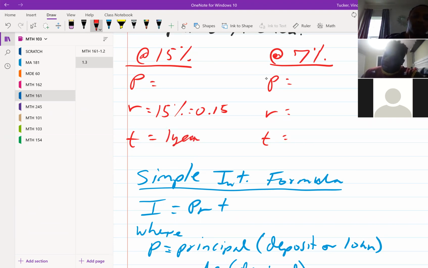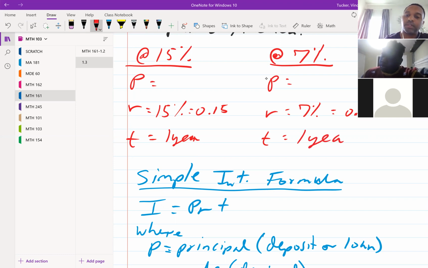So every year she wants to earn $6,000. And then here, my rate, 0.07, and time is 1 year. So the same amount of time is going to pass for each account.